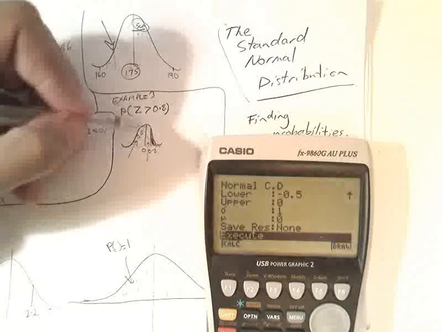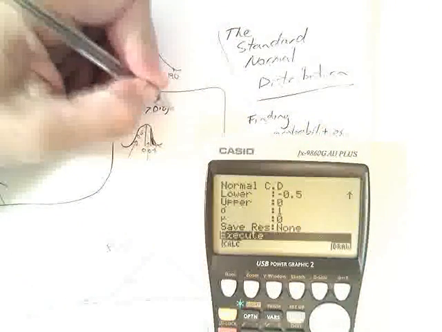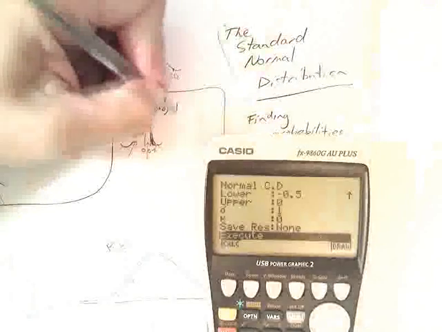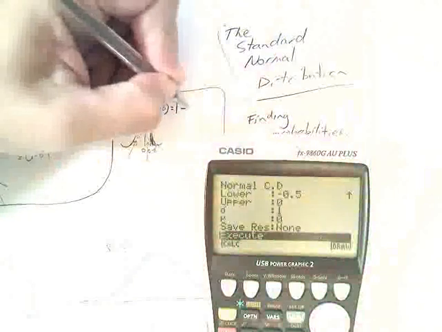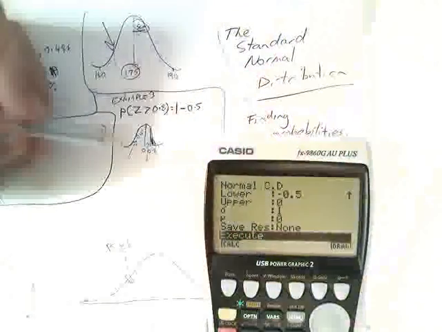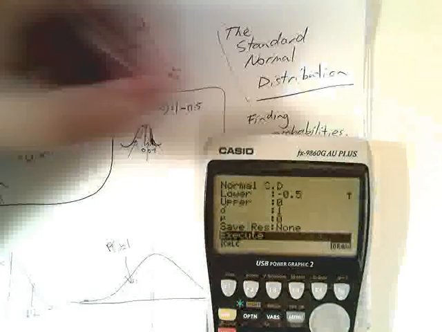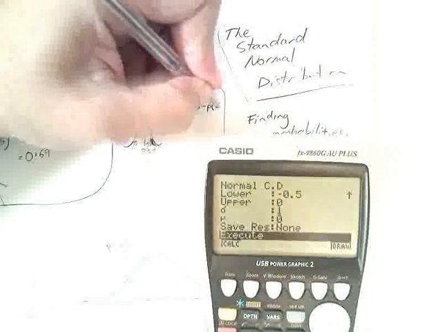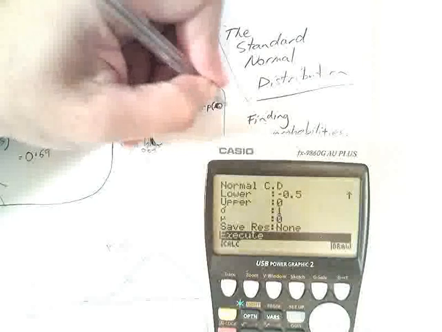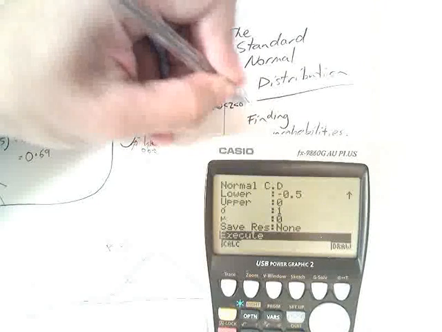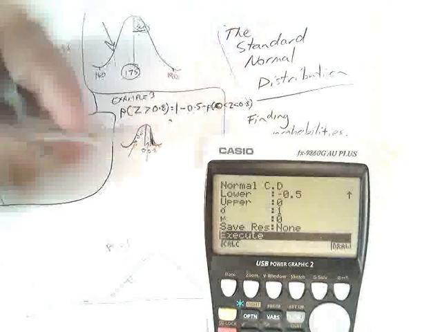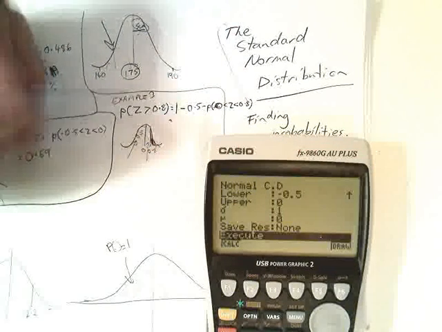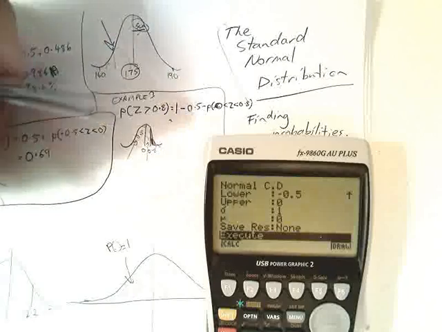So in a really formal way, we could say that the probability that z is greater than 0.8 is equal to 1 minus 0.5, that's the 0.5, minus the probability that 0 is less than z, which is less than 0.8. Really convoluted way of doing it, but if you draw your pictures and then try to match it up with the calculator, you shouldn't have too much trouble.